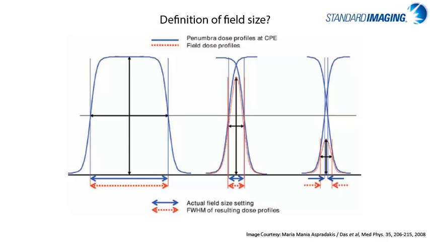If we extend that thought further, as the field size decreases, the traditional definition of field size using the full width at half max becomes irrelevant, as the profiles are obscured by the collimators, and the full width at half max actually gets artificially larger for very small field sizes, as you can see by the illustration on the far right.